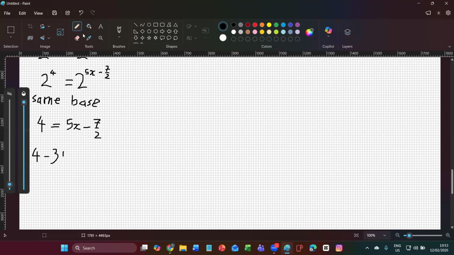No, no, no, let's just leave it at minus 7 over 2. And all this is equal, sorry, that's not where I should be putting my equal sign. All this is equal to what? 5x. Am I even doing it like this? I just realized something I should have done.